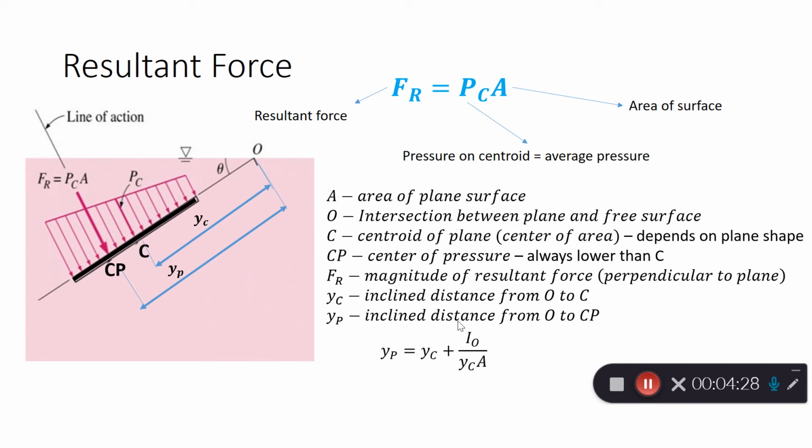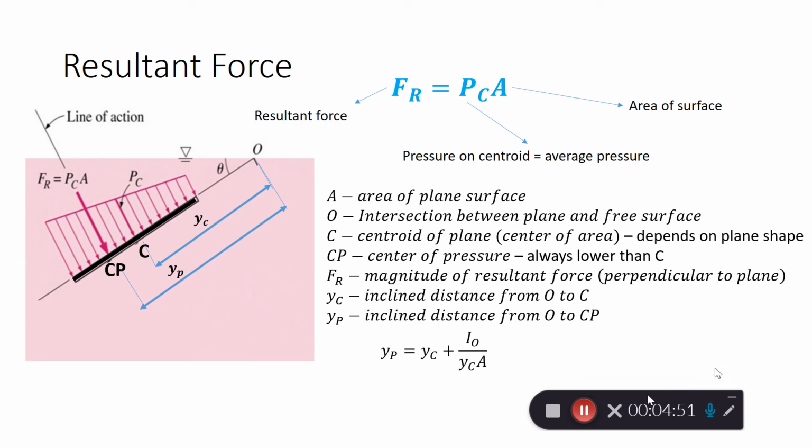The difference here is that we are using YC and YP instead of HC and HP, because it's easier that way, as we can work on the plane orientation. We don't have to convert everything to the vertical.